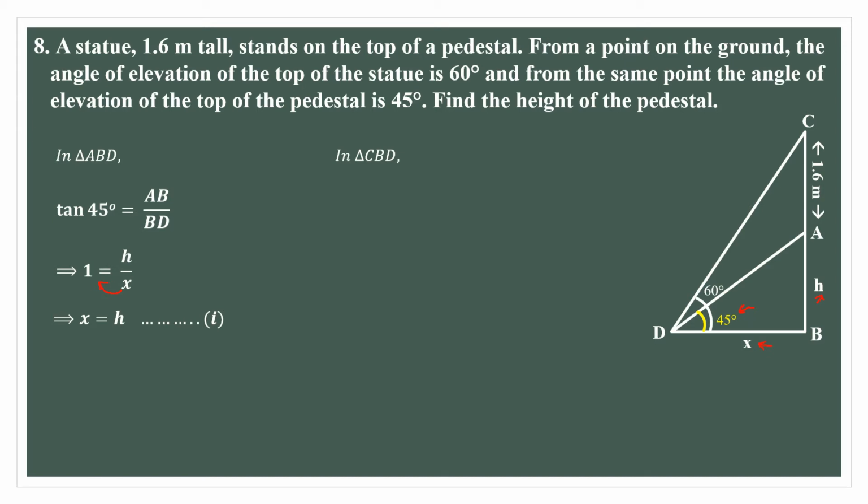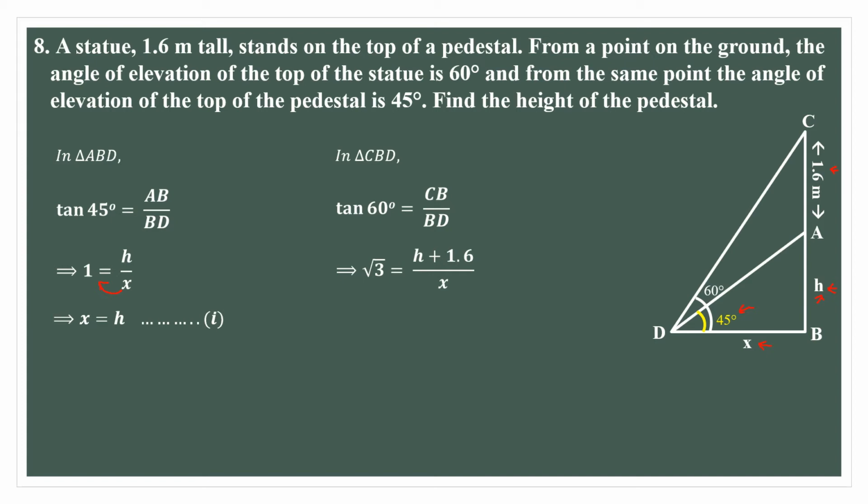The only change will be that the angle of elevation is 60° and the perpendicular will now be considered from B to C instead of from B to A. So tan 60° is perpendicular by base, so tan 60° equals CB upon BD. The total length of CB will be 1.6 meter plus h, whereas BD remains x. Also the value of tan 60° is √3.